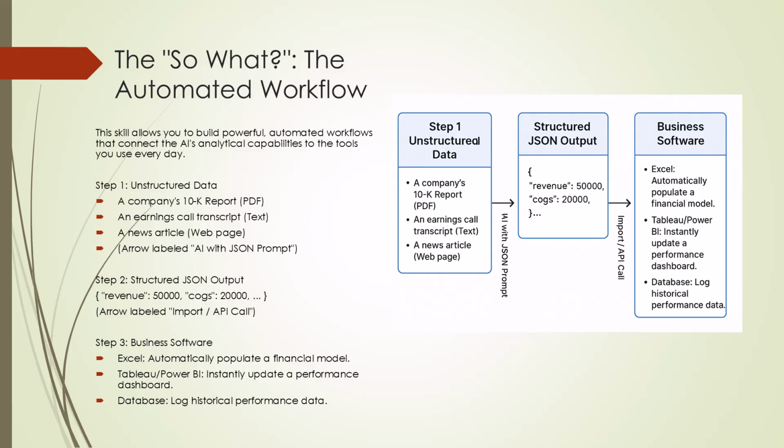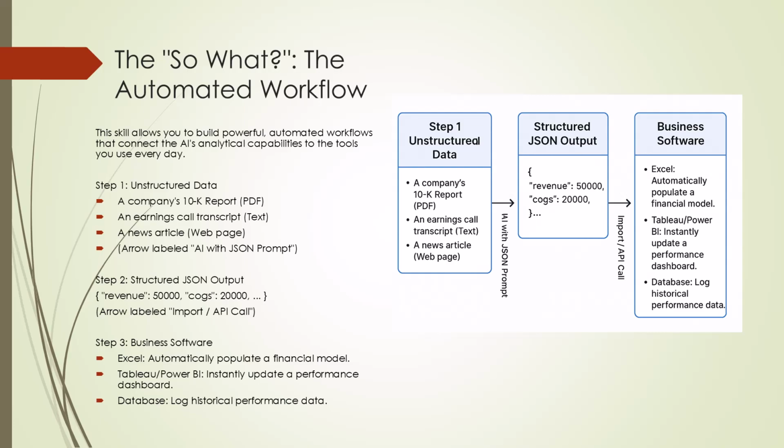In step 2, that structured data can be automatically imported or sent via an API to your business software. And in step 3, you can use that data to automatically populate an Excel financial model, instantly update a Tableau or Power BI performance dashboard, or log historical performance data in a database.